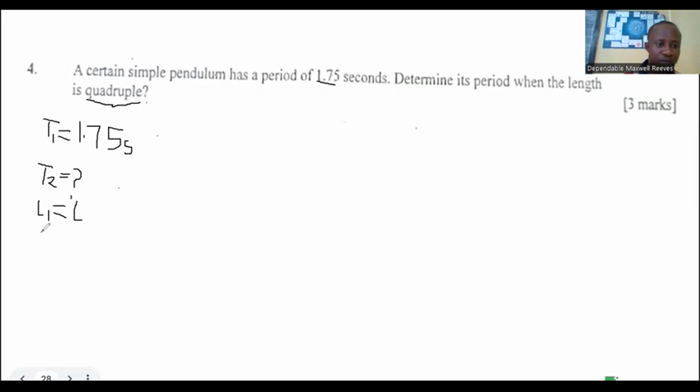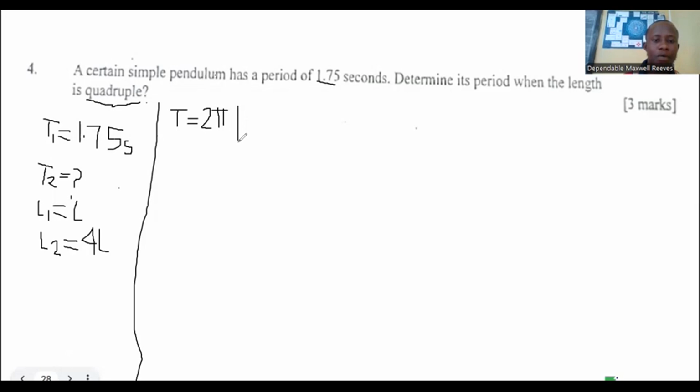So L2, which is the new length, is equal to 4 times the original length, which is L. Now, we know that the period of the pendulum, T, is equal to 2 times pi times the root of the length of the pendulum, all divided by g. So this is the formula for calculating the period of the pendulum.